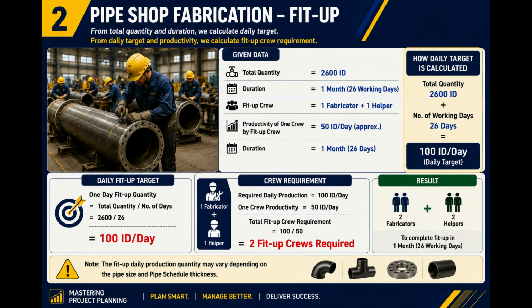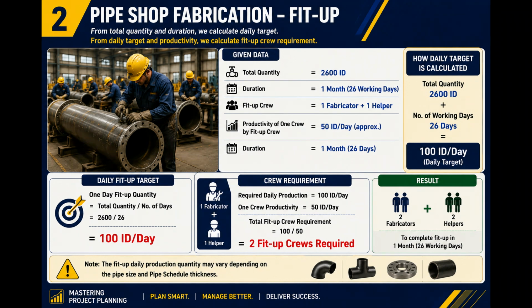The daily fit up quantity achieved by a fit up crew is 50-inch dia. If you want to complete this in 26 days, one day you need a fit up quantity of 2600 divided by 26, which is 100-inch dia. So 100 divided by 50 will give you two fit up crews. So we need two fit up crews.